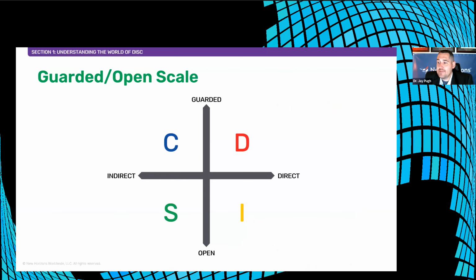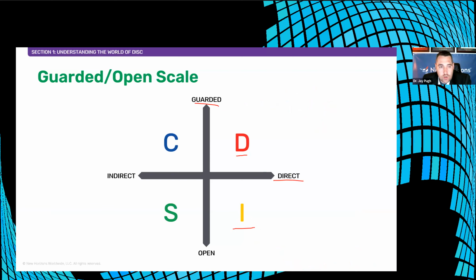So where this comes into play is that if people are more direct but guarded, they're a little bit more on the D side, which means they'll get to the point, but they're not going to share all their ins and outs about themselves. I's are more direct, but they're more open. They're going to share a relatable story. I's are the storytellers more than anything else.